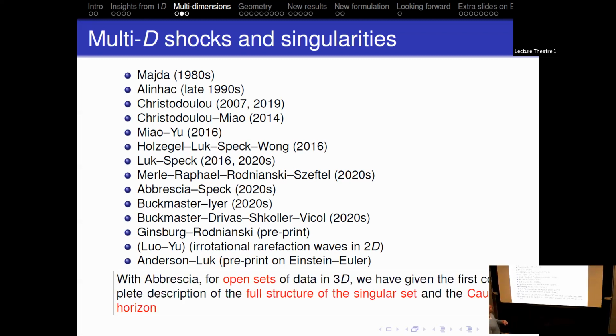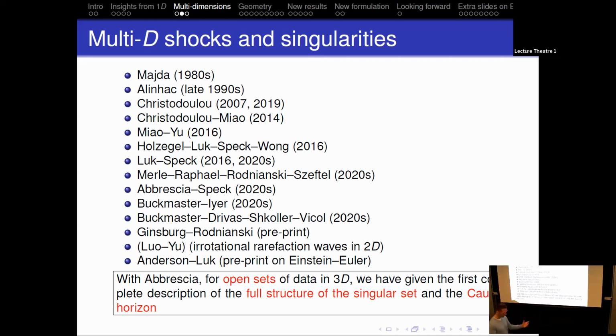Okay, and so what we've done with Brescia, again, we've looked at open sets of initial data around one of these simple isentropic plane symmetric solutions. And we've given a complete description of the singular set and the Cauchy horizon in a compact subset of spacetime.